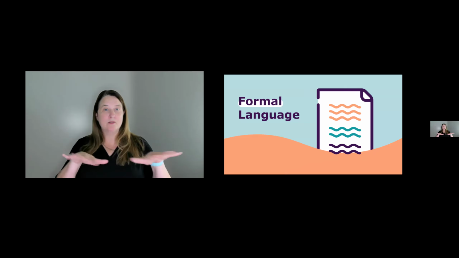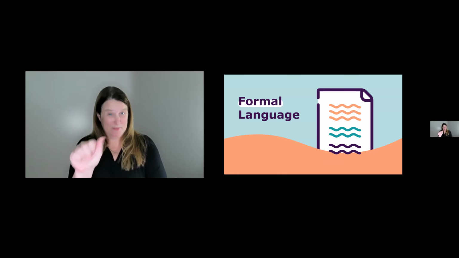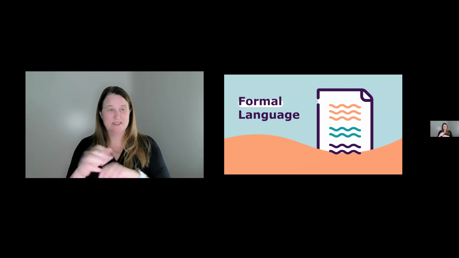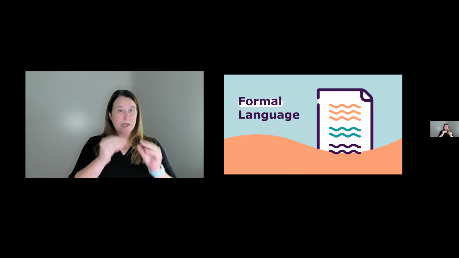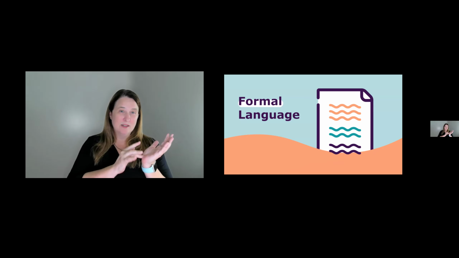So again, formal language versus informal language. And we want to think about specifically how it relates to disability. So for disability, typically it's more medical.